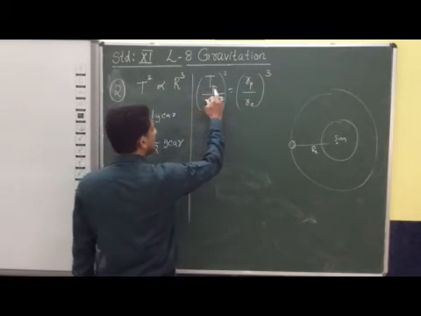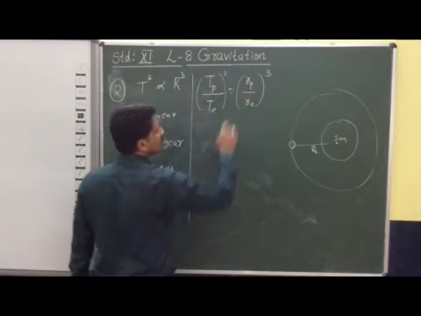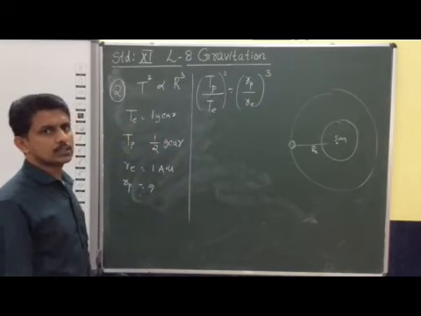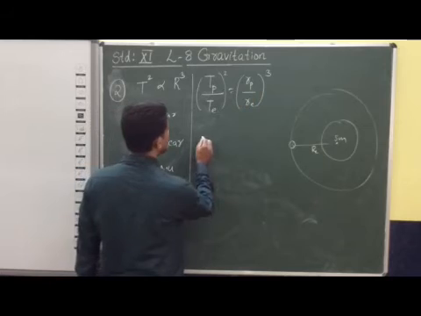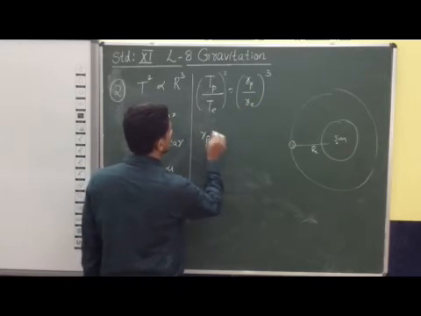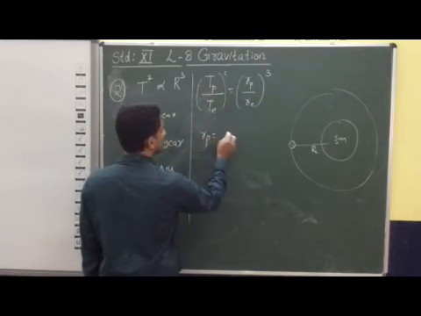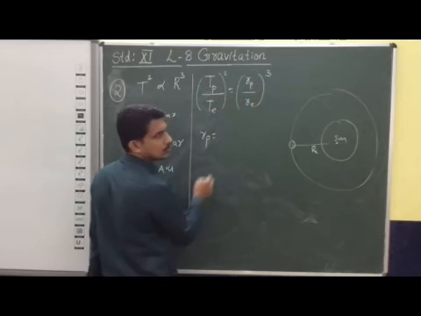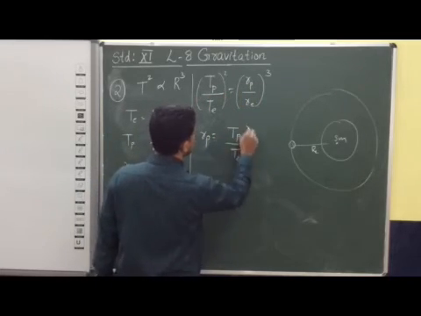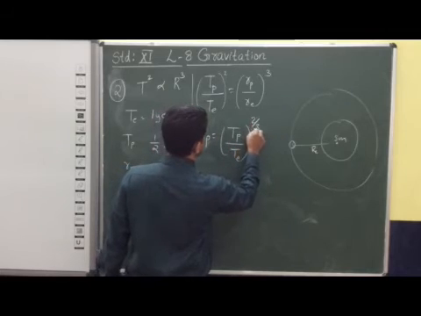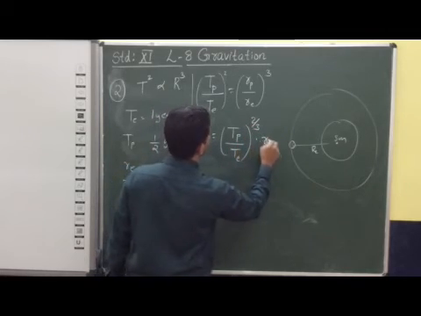We want to find the orbital radius of this planet. Taking the cube root, our equation becomes Rp equals Tp divided by Te, raised to 2 by 3, into Re.